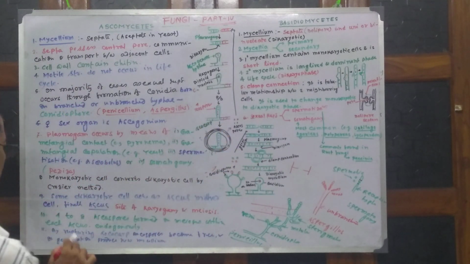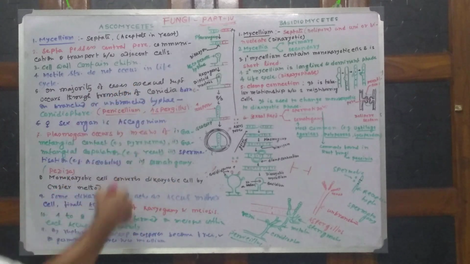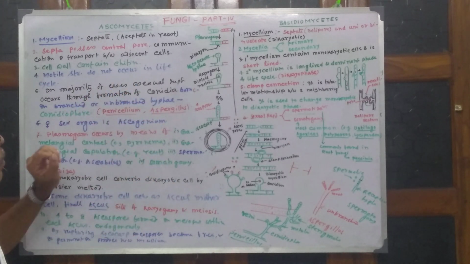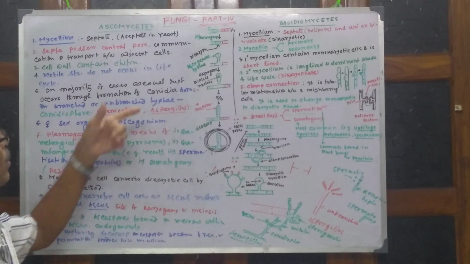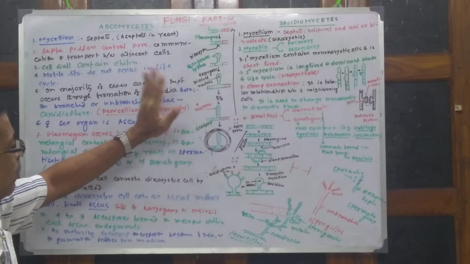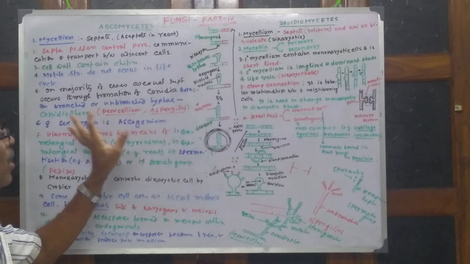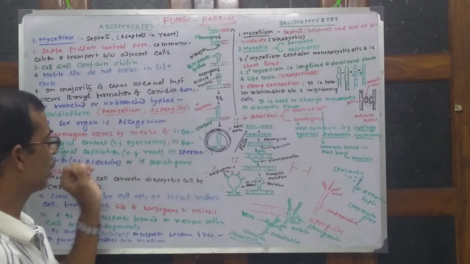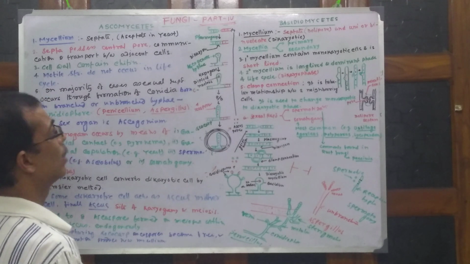After rupturing of the ascocarp, ascospores become free and on germination produce new mycelia, and in this way sexual reproduction is accomplished. But in monokaryotic hyphae, by mitotic cell division or fragmentation, it may multiply and produce new individuals.